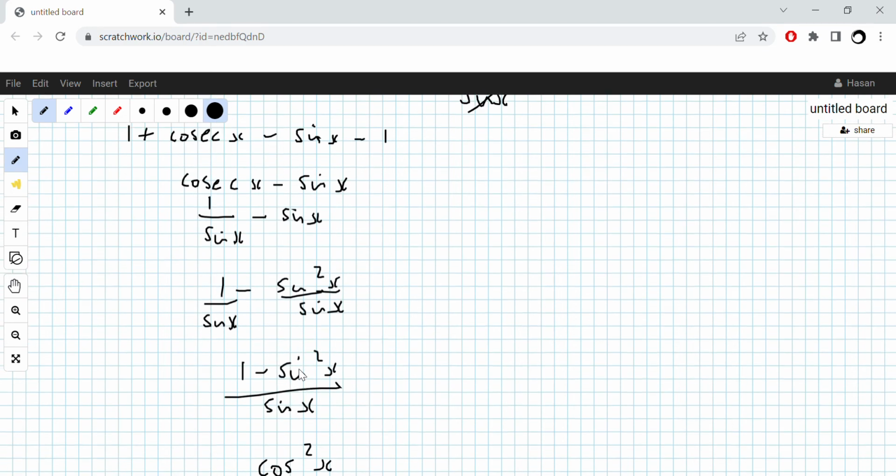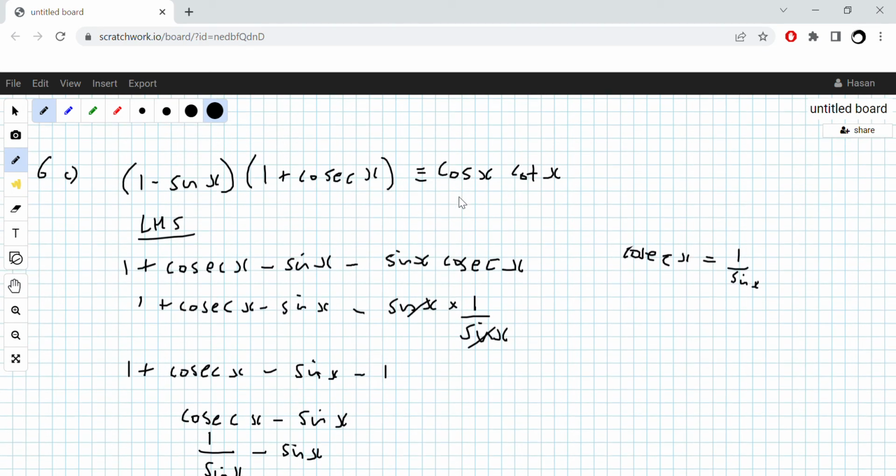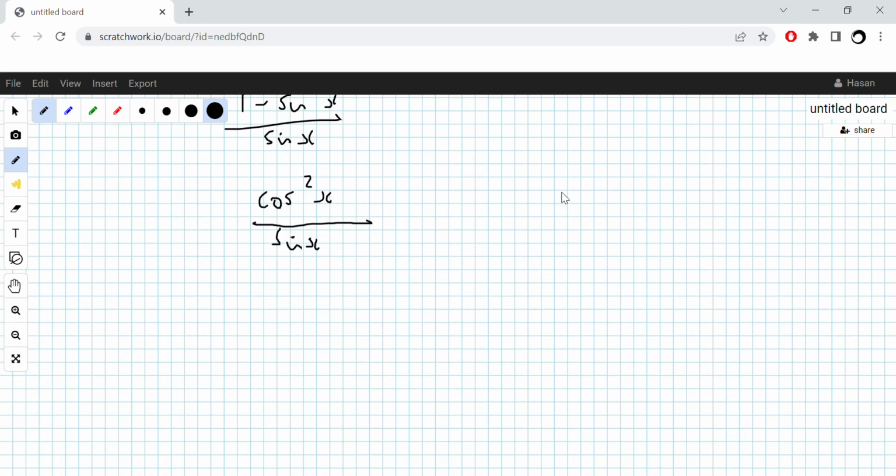We then look at what they wanted us to give. That was cos x cot x. And how could we get cot x? Cot x is the same as cos x over sin x.